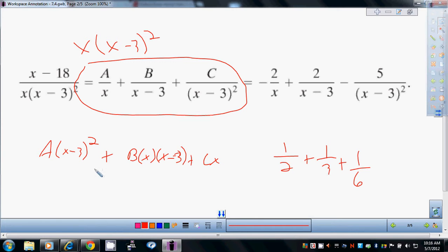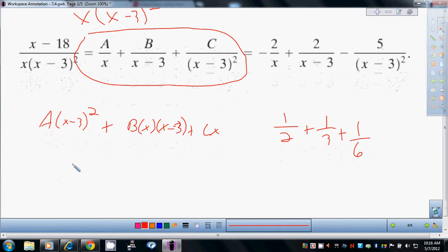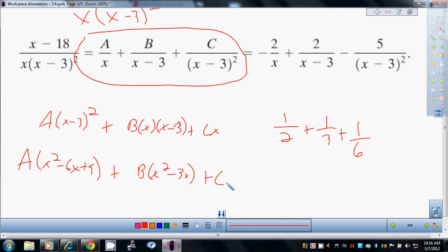Now, after foiling and combining like terms and all that, that's probably going to be the hardest part today, a lot of foiling. You're going to get a times x squared minus 6x plus 9, plus b times x squared minus 3x, plus cx.